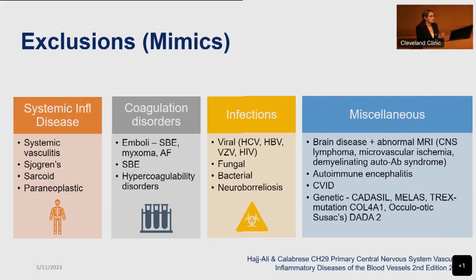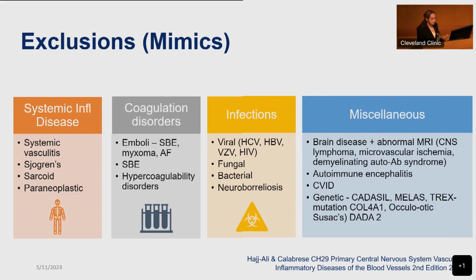We have a great opportunity to have a talented team here in neuroradiology, infectious disease, and neurology who help us with these patients, where everybody has to look at this from a different perspective. And there are some miscellaneous things you have to keep in mind, such as, as I said, genetic diseases, and you raise this in patients who don't do well with typical treatment.